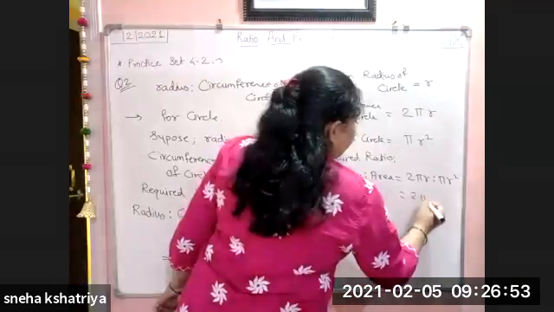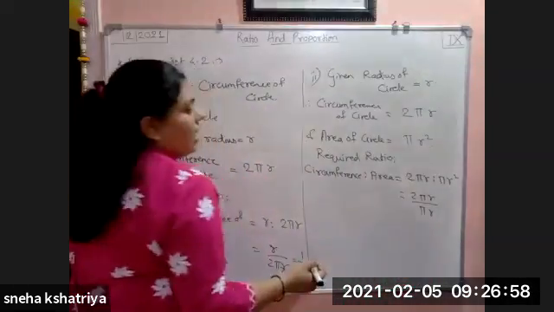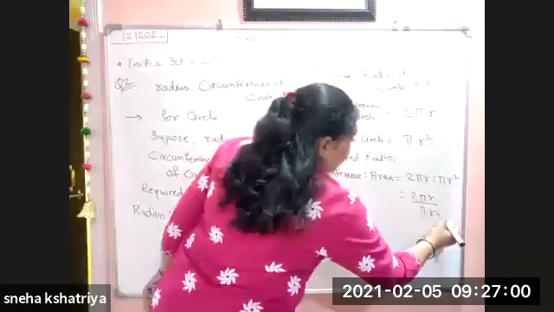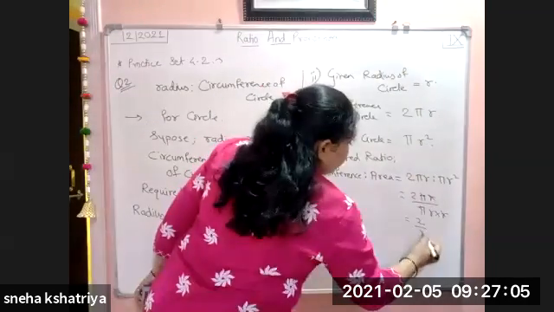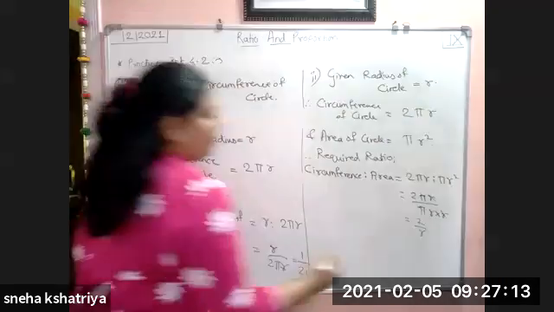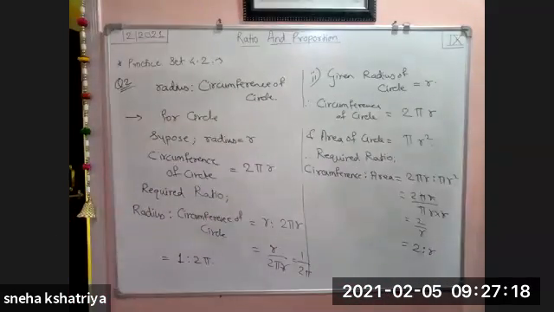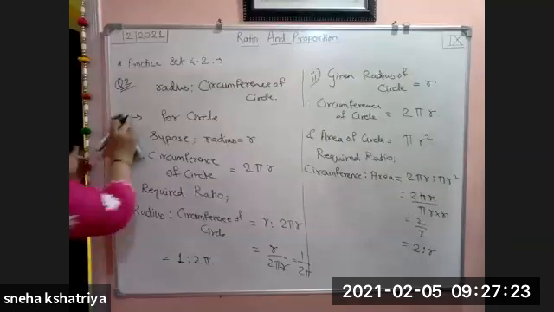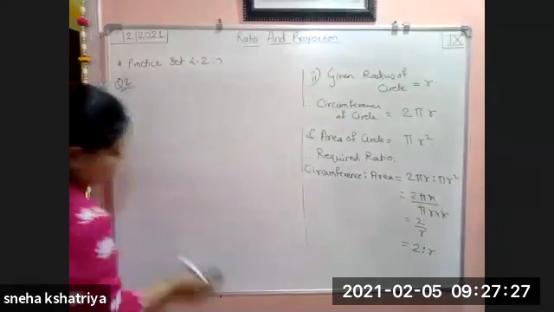We can write this as 2 pi R divided by pi R into R. One R and R get cancelled, pi gets cancelled. At numerator and denominator, 1 pi and 1 R get cancelled, so only 2 upon R remains, which is equal to 2 is to R. Very easy examples, you only have to find out the ratios.